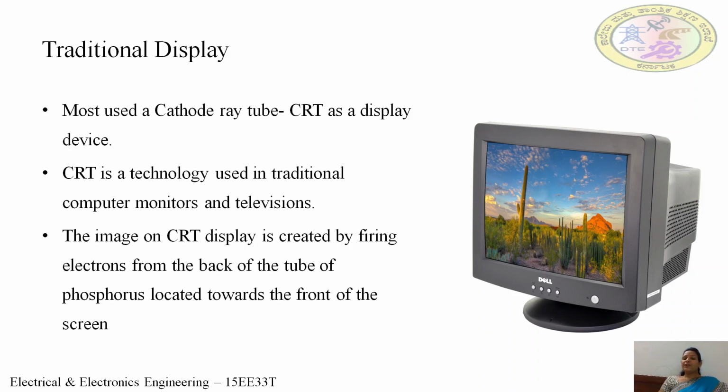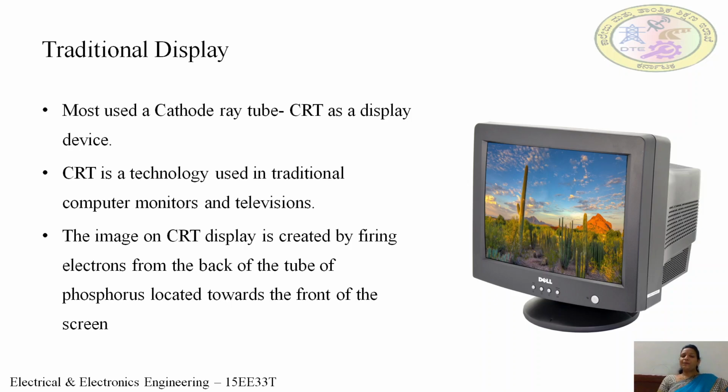The technology behind the CRT is firing electrons from the back of the tube at phosphorus located towards the front of the screen. Let us concentrate on liquid crystal display.